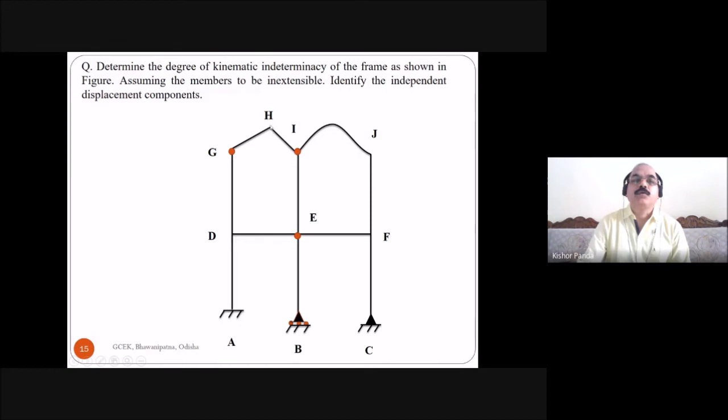Here also rotational, and also vertical and horizontal. Here, at the end of this member, rotational, rotational, rotational, rotational. Here also rotational. At the end of this member rotational, rotational, and here horizontal. Here also rotational, rotational, rotational. Here rotational and horizontal displacement. And here only rotational.